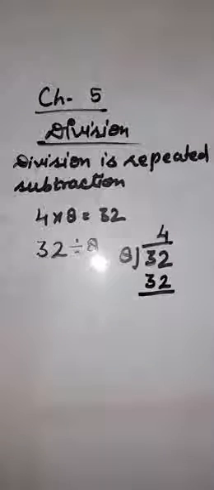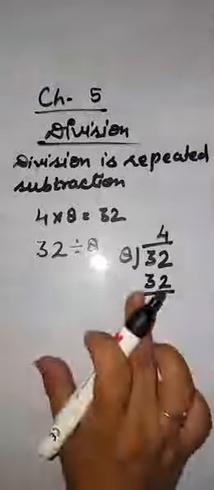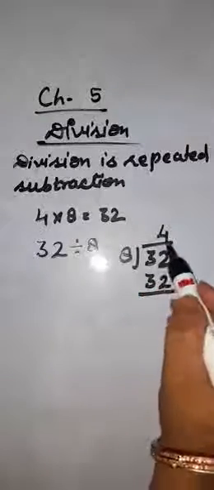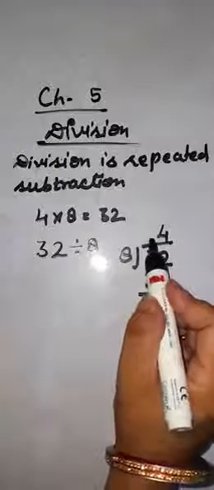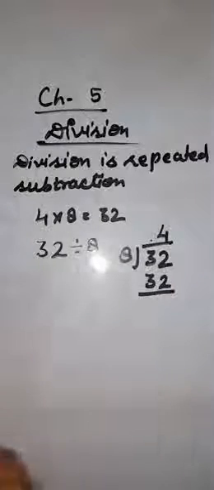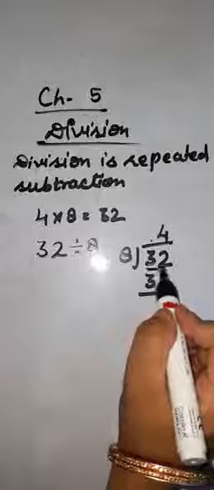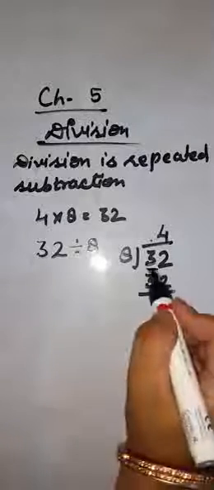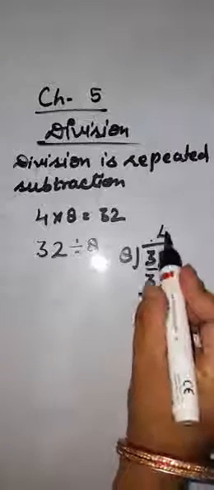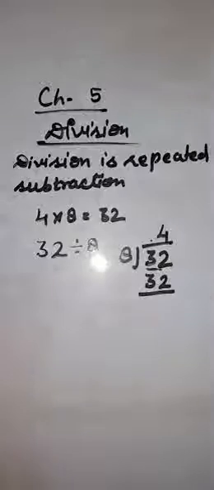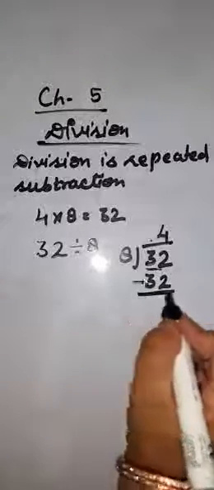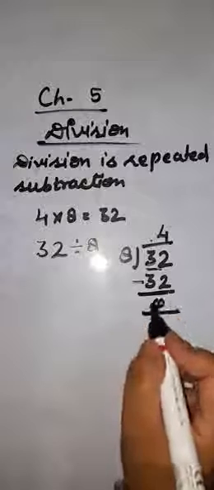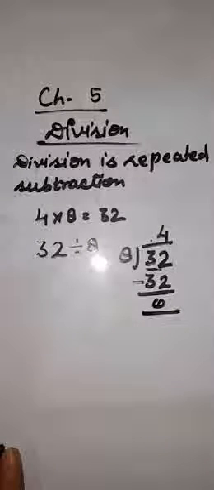I have written 4 above the second digit, because we have taken 2 digits, so in the second digit I write the quotient. So 8 4s are 32. Then subtract it: 32 minus 32 is 0.